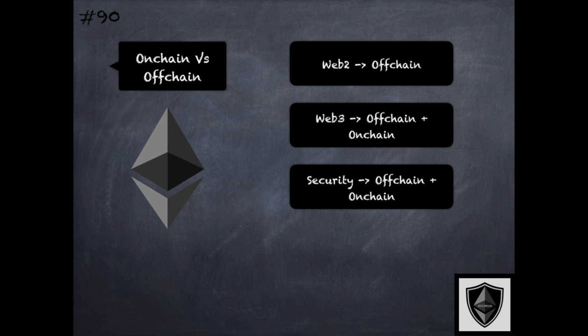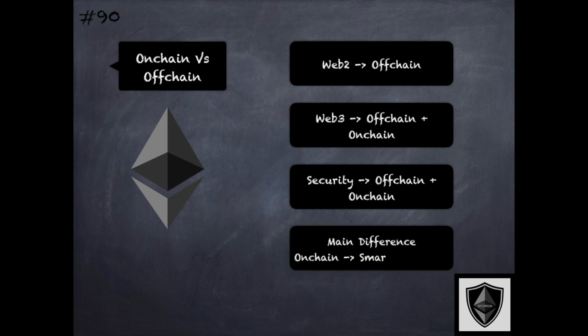So the security of Web3 has to think about the security implications of anything running or interacting off-chain with that running on-chain as well. So it's not just smart contract security, but it's also the security of the off-chain web or mobile app components that interface with the on-chain components, that is the smart contracts. So the main difference, however, between Web2 and Web3 security is the on-chain component, the smart contracts.